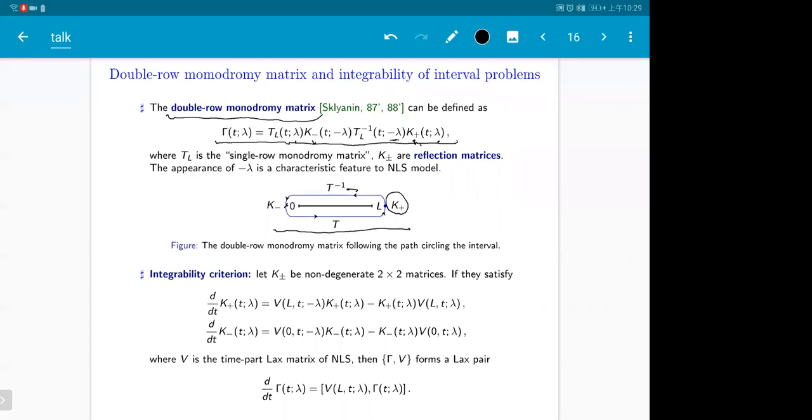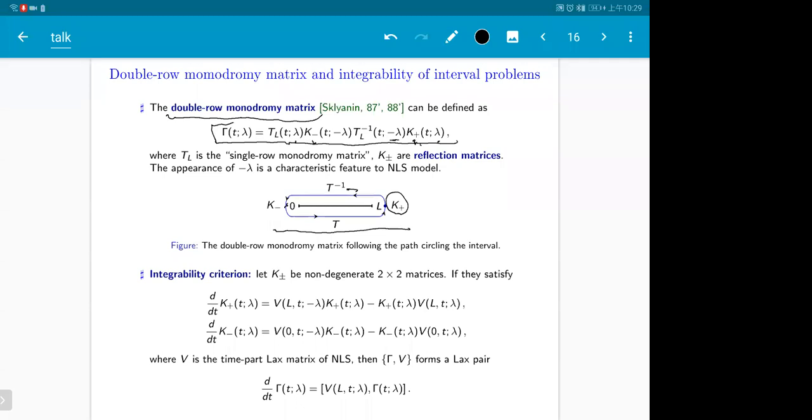If lambda is related to the speed of your soliton, then you actually change the velocity of your soliton with a sign change.